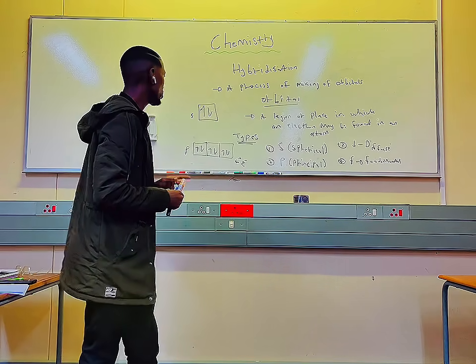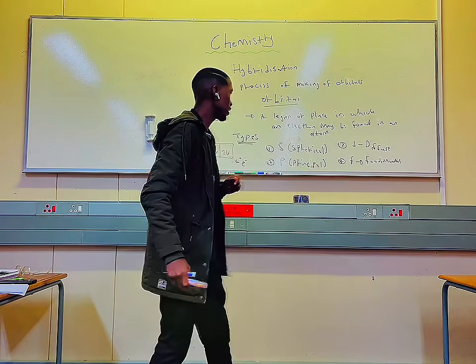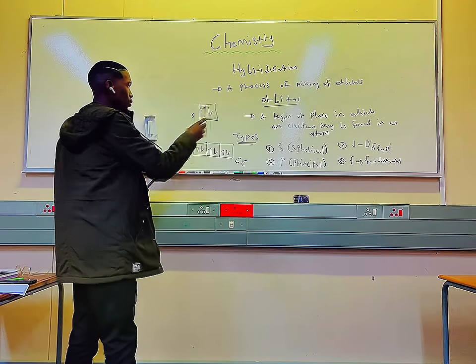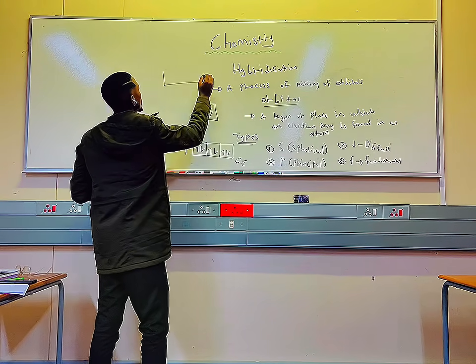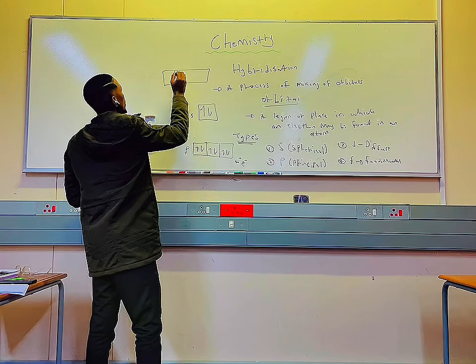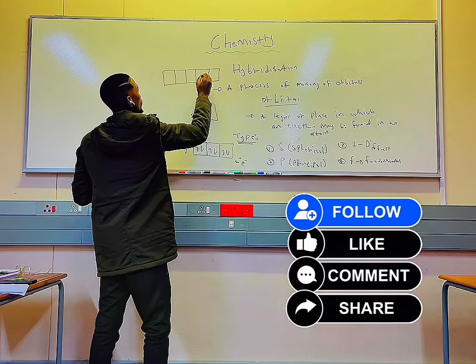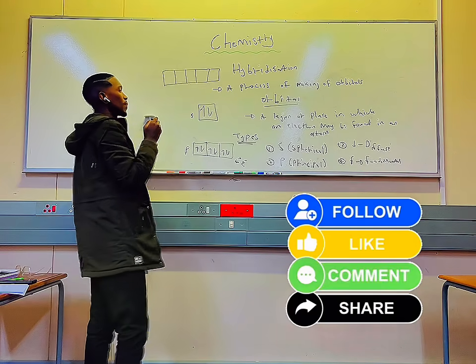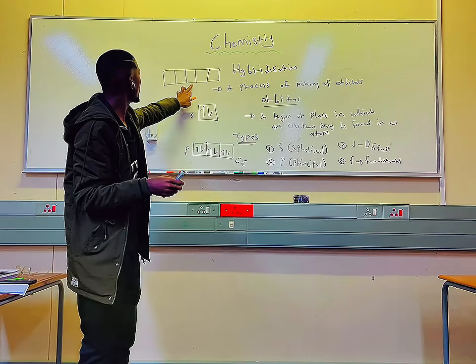Then here's another thing we must identify as well. When you come to the d part, diffuse, we're going to have 1, 2, 3, 4, 5. So there are 5 orbitals in this case.